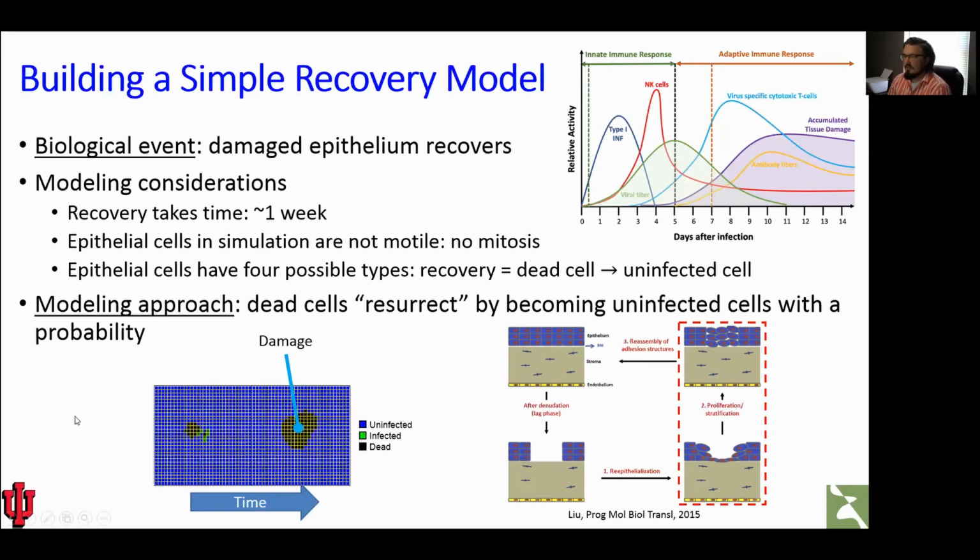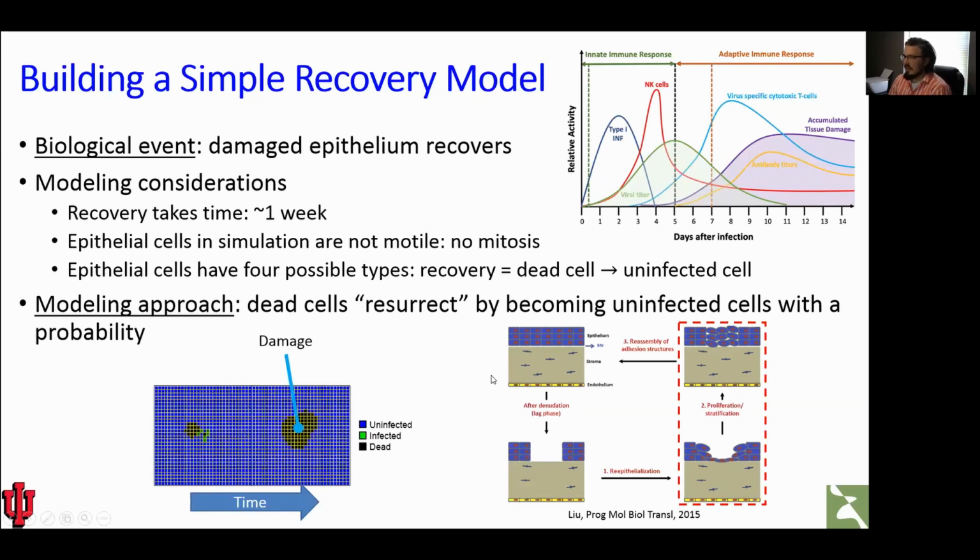Instead, what we are going to do is do some tricks based on our 4 different epithelial cell types. So 3 are shown here: blue uninfected, green infected, and black dead cells. And our end result of recovery should be that those dead cells are somehow replaced with new uninfected cells.